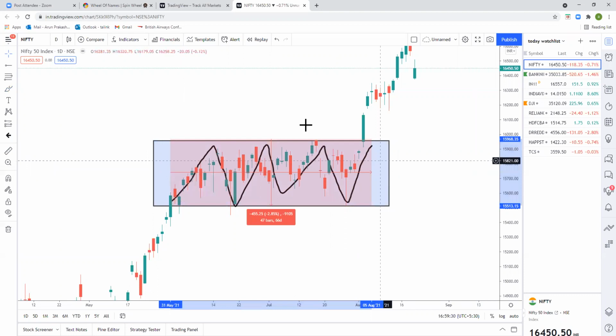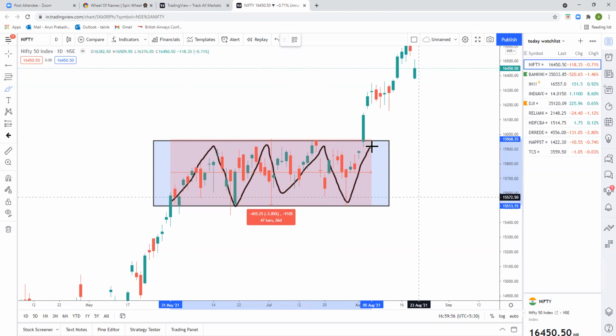When the market is in consolidation, in a sideways phase, you will not have any sort of trending moves. In these 2 months, I don't think we had a great trending day. I'm talking about just Nifty and Bank Nifty. Obviously a few stocks were trending, but I'm not talking about individual stocks, I'm talking about the index.